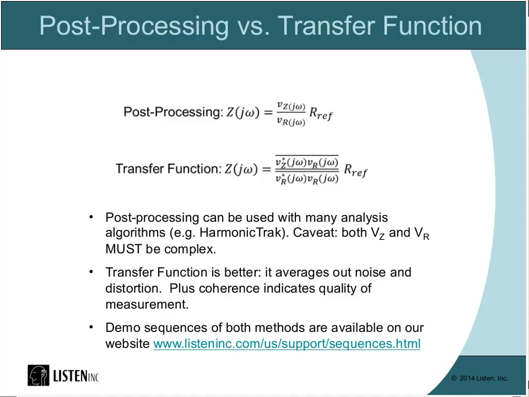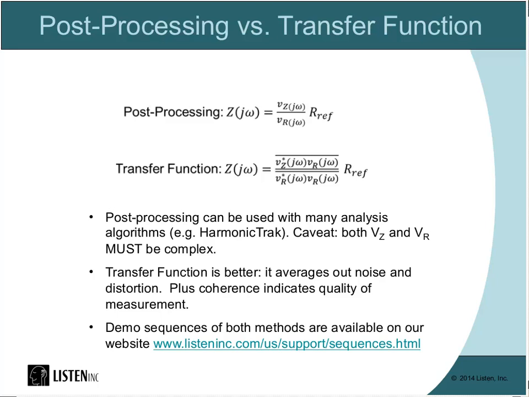It doesn't work so well under certain circumstances, depending on the type of signal you're using. The transfer function works extremely well if you're trying to use things like noise or MLS signals or even multi-tone. In fact, you could even use speech or music if you wanted. That would be very difficult to do with post-processing, but it is possible.